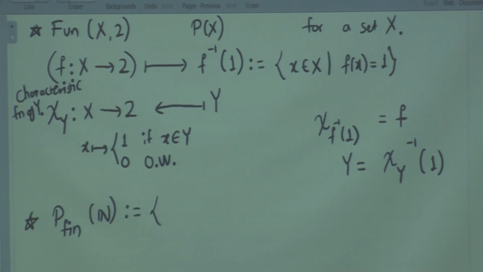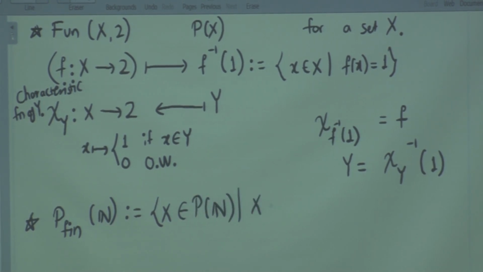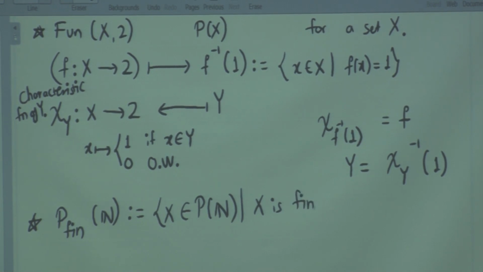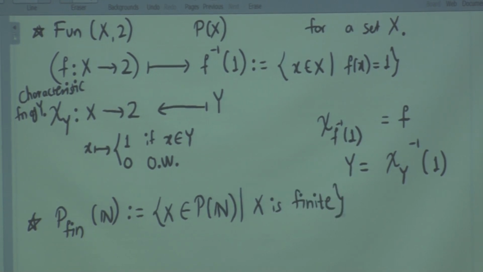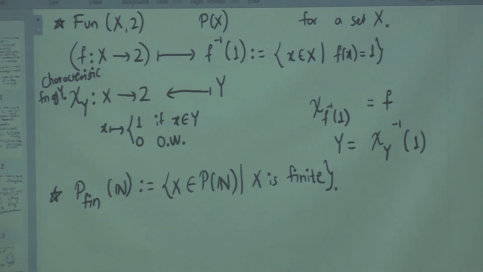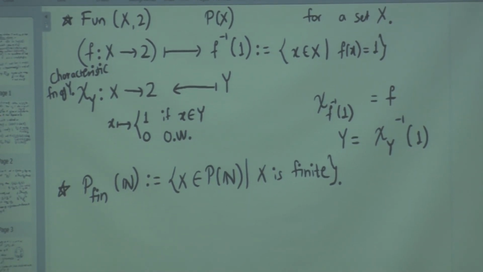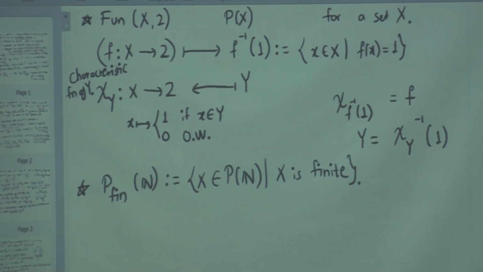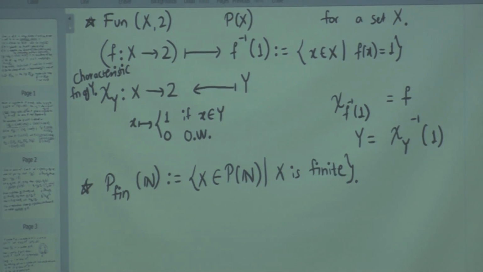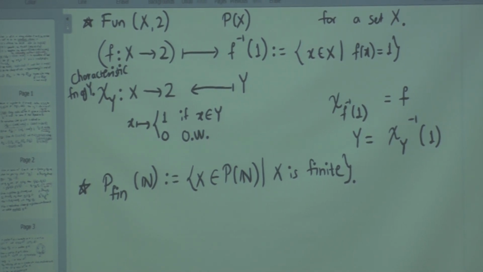So x is a finite subset. We want to show that P fin of n is actually countably infinite. How do we show that?